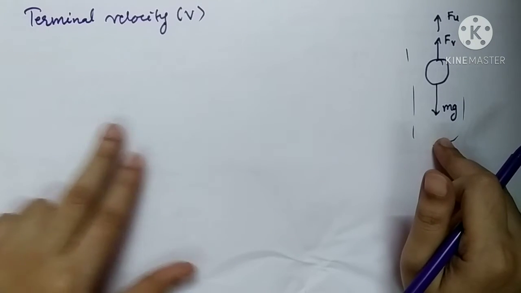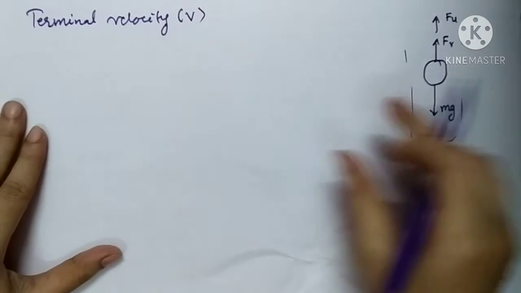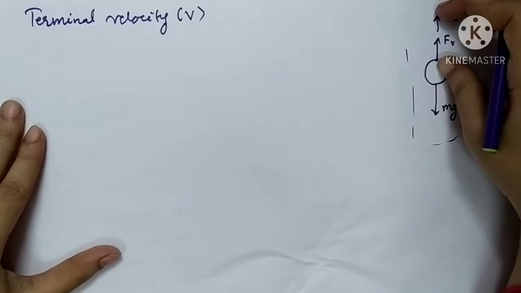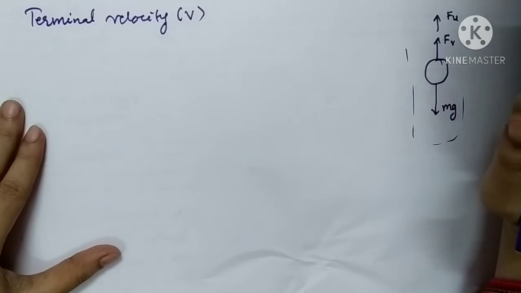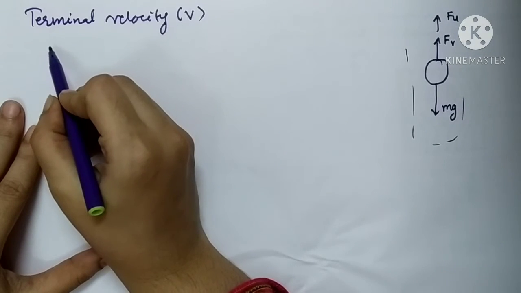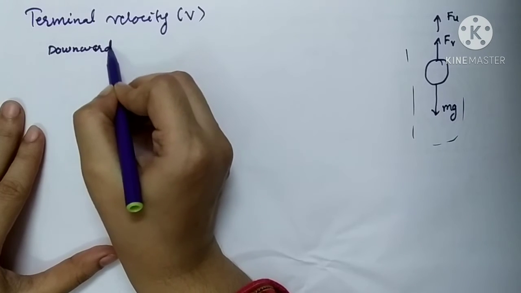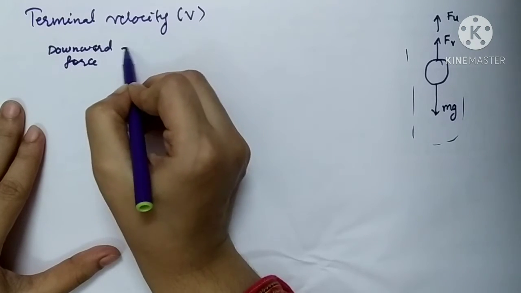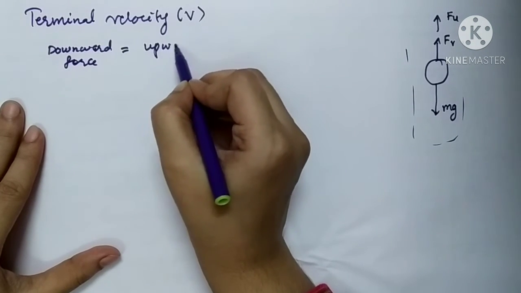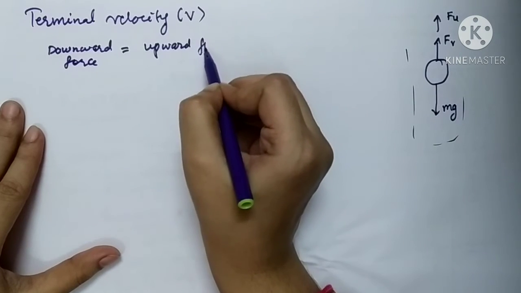So in an equilibrium, what will happen? Total downward forces will be exactly equal to total upward forces. So downward force is equal to upward force.